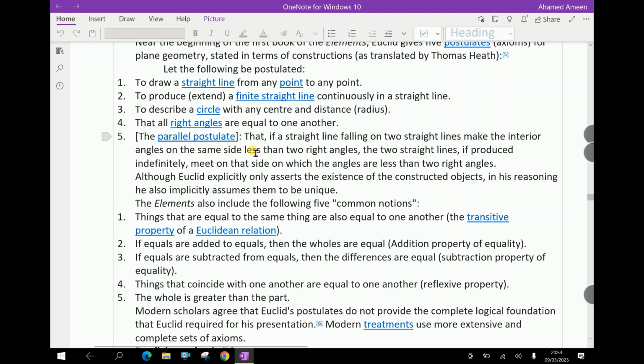Fifth one, the parallel postulate: that if a straight line falling on 2 straight lines makes the interior angles on the same side less than 2 right angles, the 2 straight lines, if produced indefinitely, meet on the side on which the angles are less than 2 right angles.